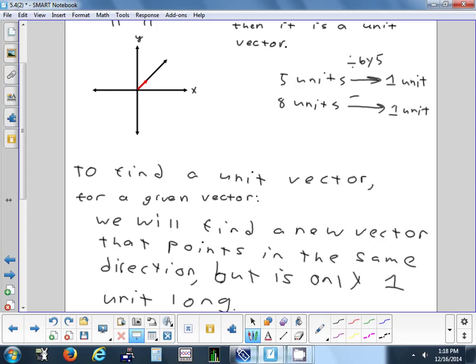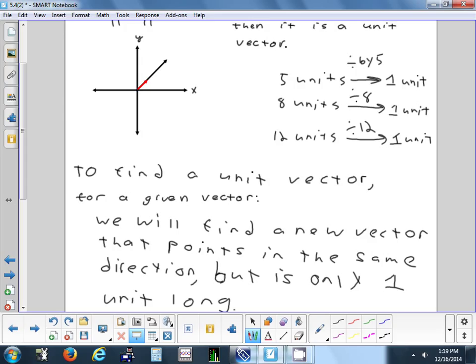Okay, divide by 8. Okay, I'll do one more. Okay, what if you had one 12 units long? To make it 1 unit, divide by 12. So all you're doing is you're basically taking your vector and dividing by what?